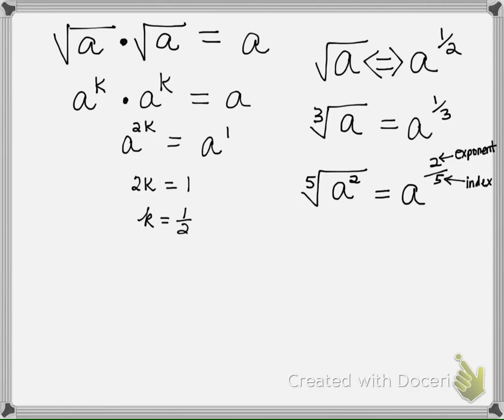Sometimes it helps to do some math problems if it's written in exponential form, and other times, like when you're simplifying, it helps if it's written in radical form. So there are times that it's more beneficial for you as a student to have it in radical form, and other times it's beneficial to have it in exponential form.